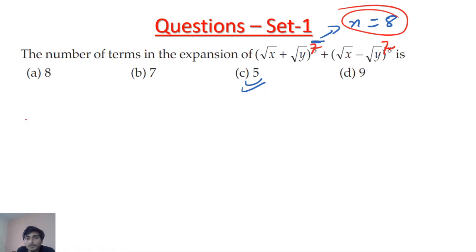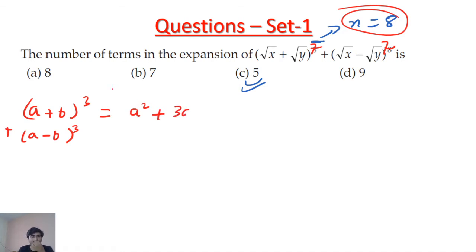In that, same thing, if I expand (a plus b) to the power 3 and plus (a minus b) to the power 3, if you expand it, how much you will get? a cube plus 3a square b plus 3ab square plus b cube, right?